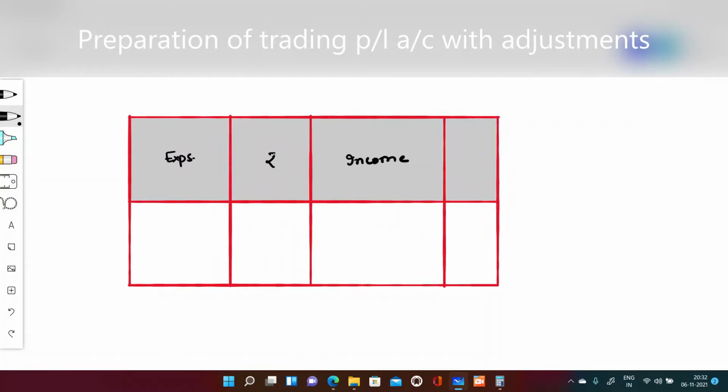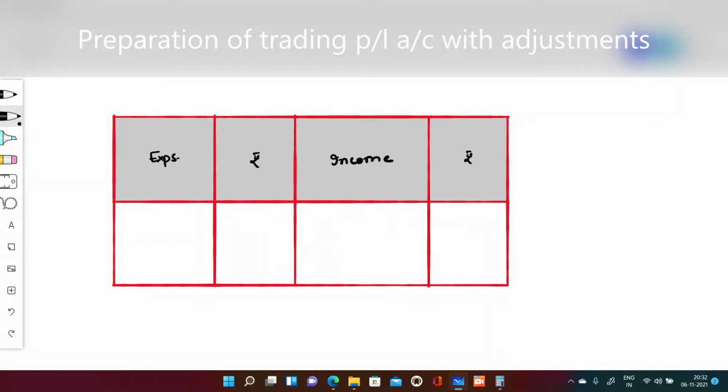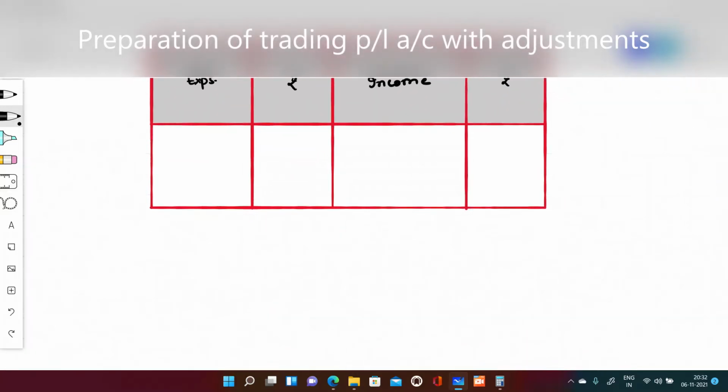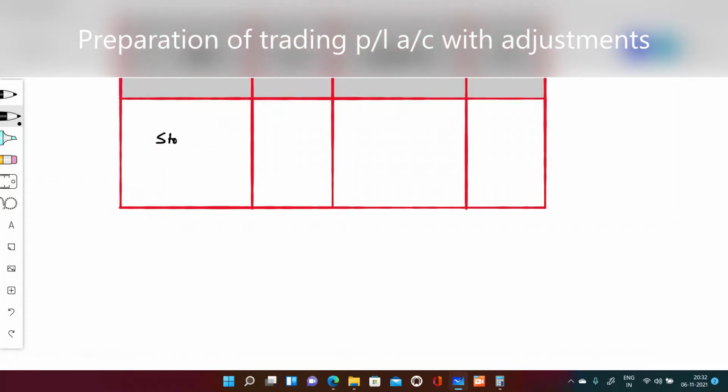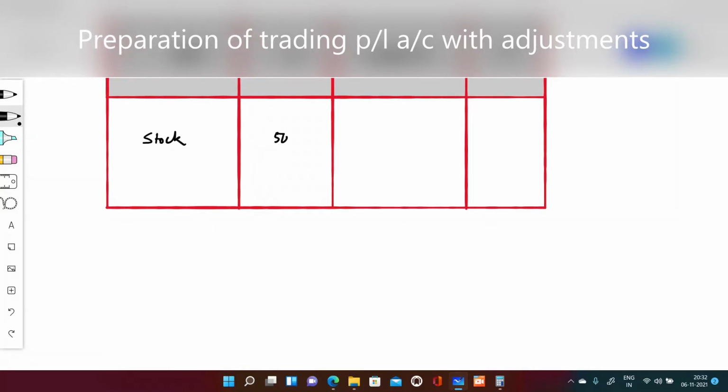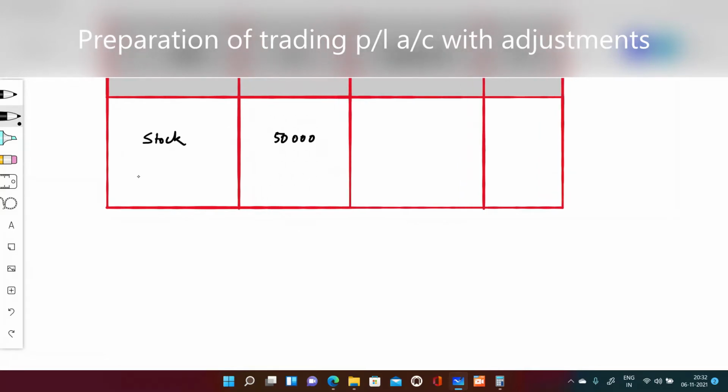This is your amount. Okay, now first one given to you is stock. Stock is given as 50,000. Then your wages, that is 3,000.